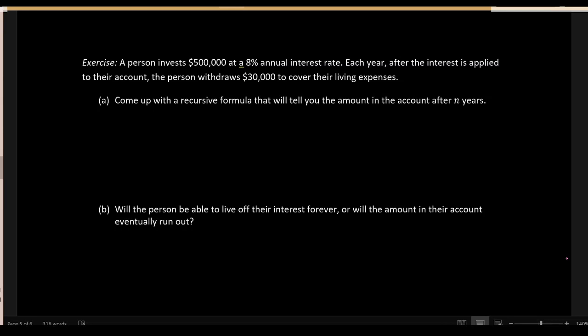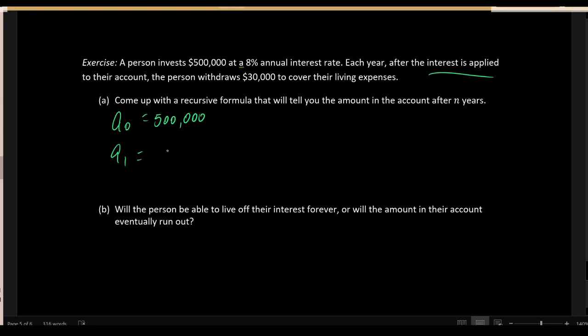Alright, so initially when no time has passed, a_0, the amount in the account is $500,000. Let's try and calculate how much would be in the account next year after we have applied the interest and withdrawn our expenses. So the first thing that happens is that the interest is applied. The interest being 8%.